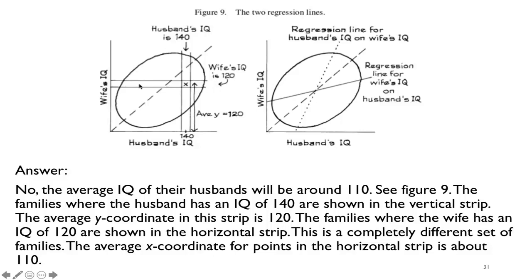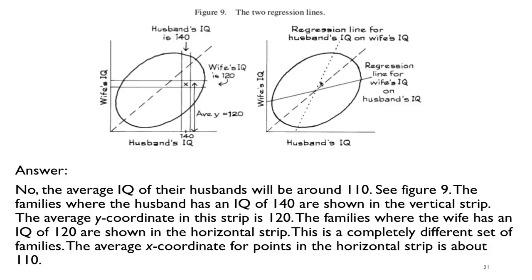Again, I'm looking horizontally, so if I match it up on this line, I see that this is about 110, because the point of averages is 100. So the average IQ of all those husbands whose wife's IQ is 120 averages out to be about 110.